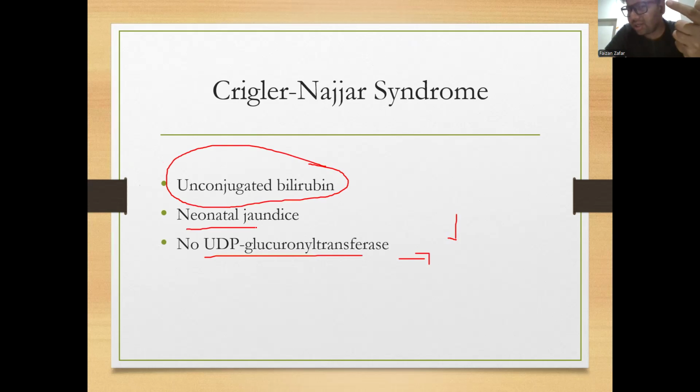What is the less severe form? That is Gilbert syndrome. Gilbert syndrome also has a problem with the UDP glucuronosyltransferase enzyme, but it is less severe. Crigler-Najjar is the most severe form. Both present with increased unconjugated bilirubin, because the enzyme involved in conjugation is absent.